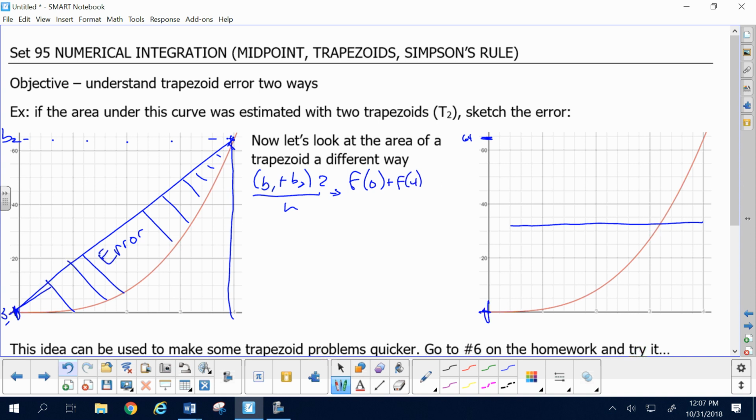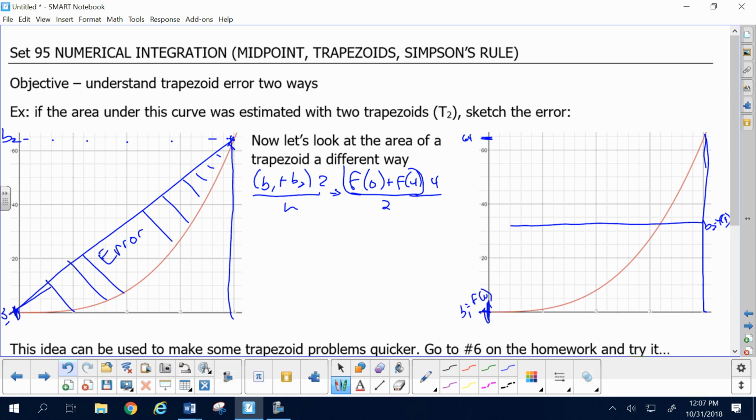Aren't those the bases, right? Base 1 is f at 0. Base 2 is f at 4, times 4 divided by 2, all right?